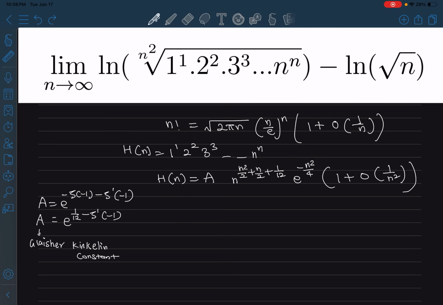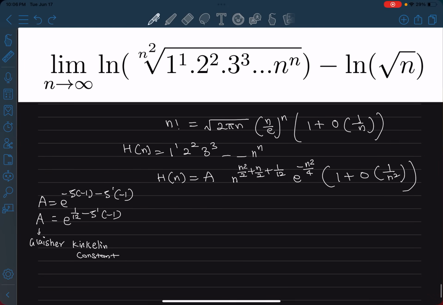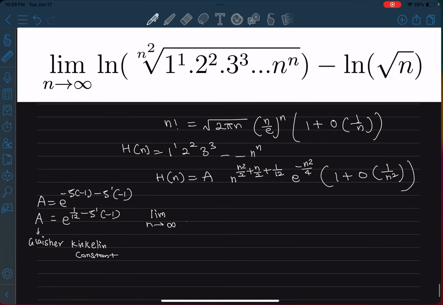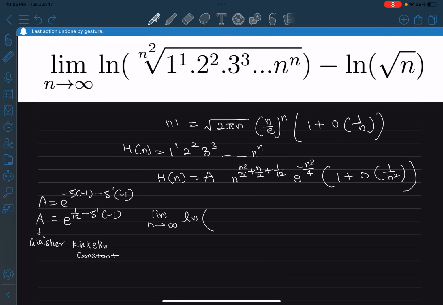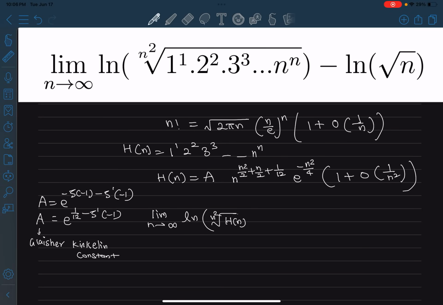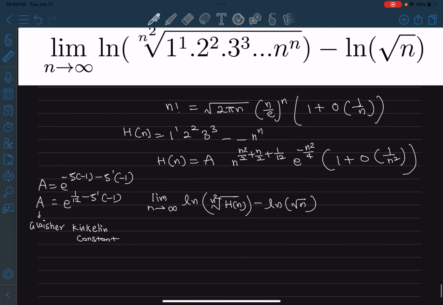So let's see how. We have the limit as n goes to infinity, right? And since n is going to infinity, I can substitute this entire expression. Let me just write this as the log of the hyperfactorial Hn first, and then minus ln of root n, right? I can also write this as a single log.